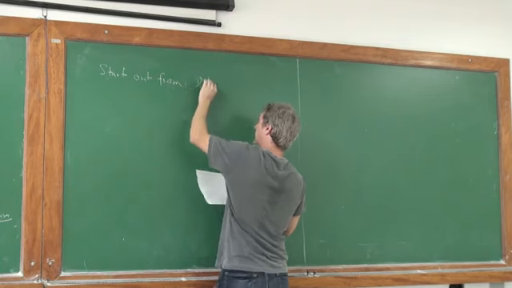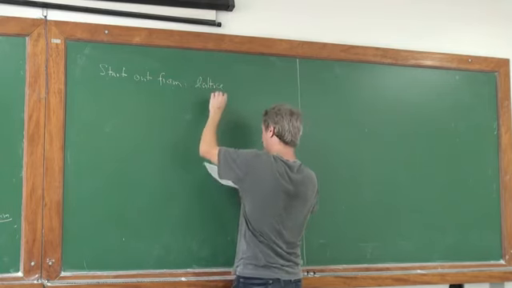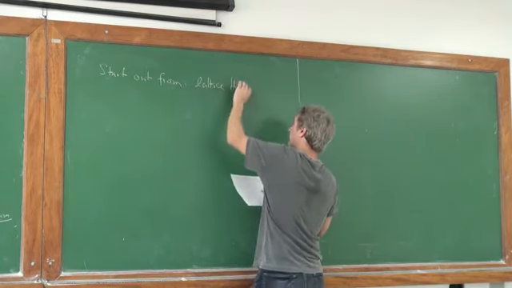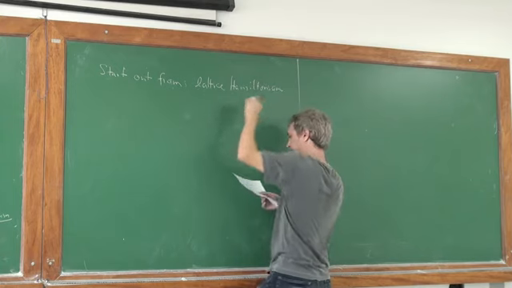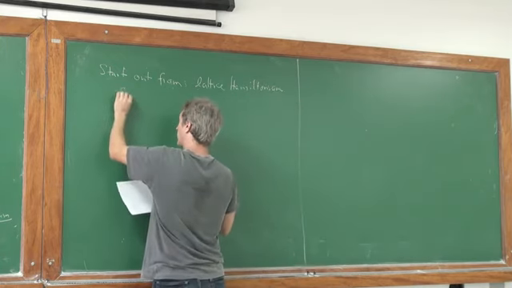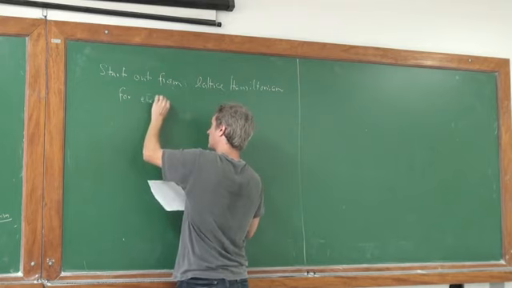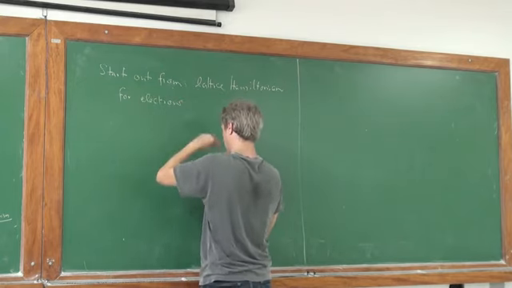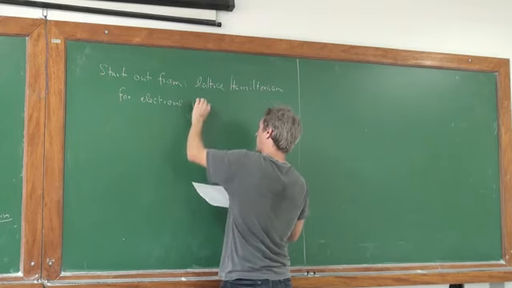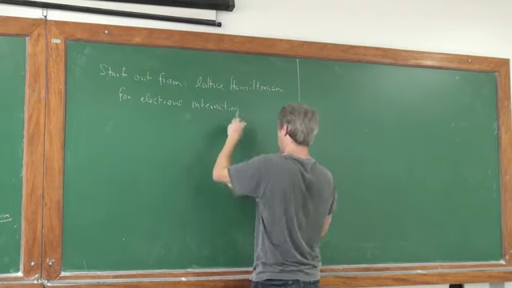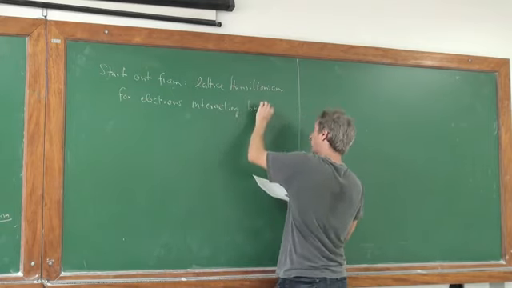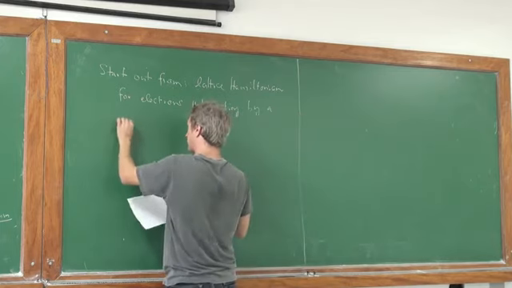We start out from some lattice Hamiltonian for simplicity, for electrons which are now interacting not by a long-range Coulomb interaction, but by a local or on-site interaction.